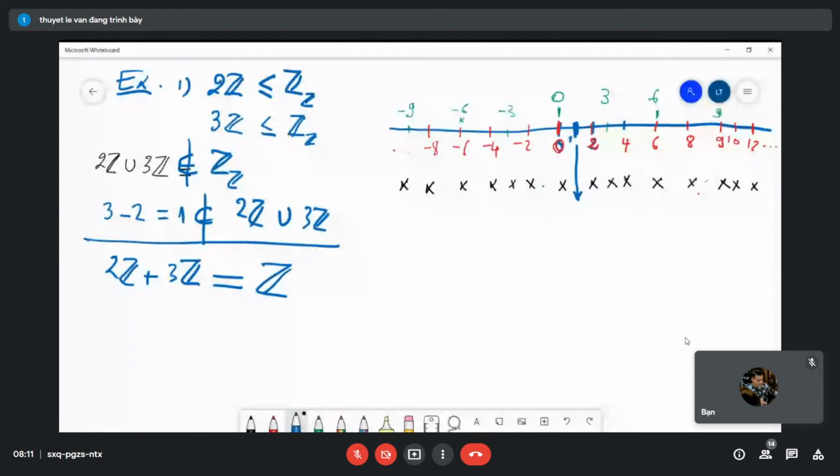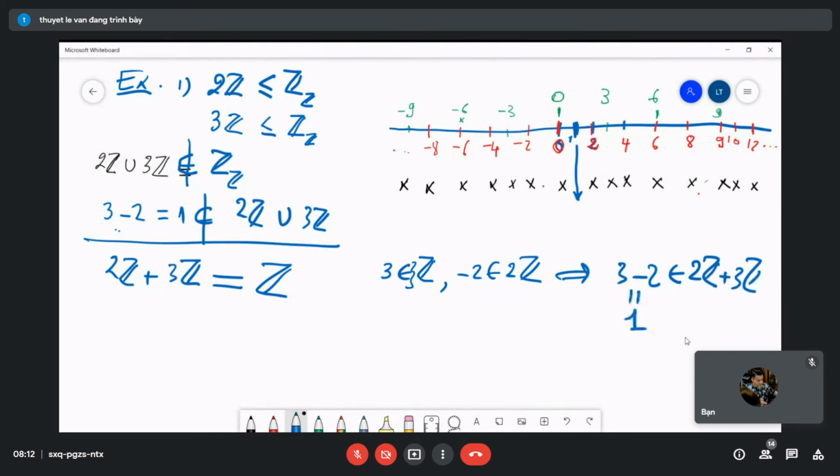Because 3 is in 3Z, minus 2 is in 2Z, so the sum belongs to 2Z plus 3Z, and that is equal to 1. 1 belongs here, so 2 is here, 3, 4, 5, 6, 7, 8, 9, 10 belong here, and so on. 0, minus 1, minus 2 as well. So everything belongs here, so that is equal to Z.